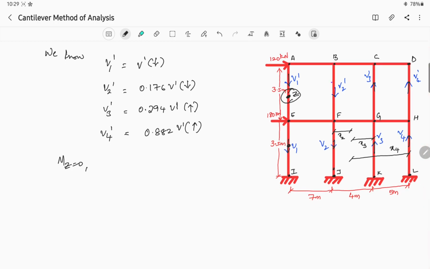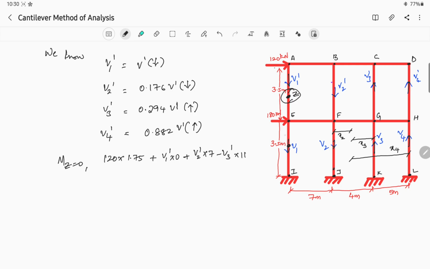what happens? 120 force into perpendicular distance, that is 120 into 1.75. The total length is 3.5, half of 3.5 will be 1.75, plus V1 dash into 0, since the force is passing through point Z, so that moment will become 0, plus V2 dash into 7, minus V3 dash into 11.